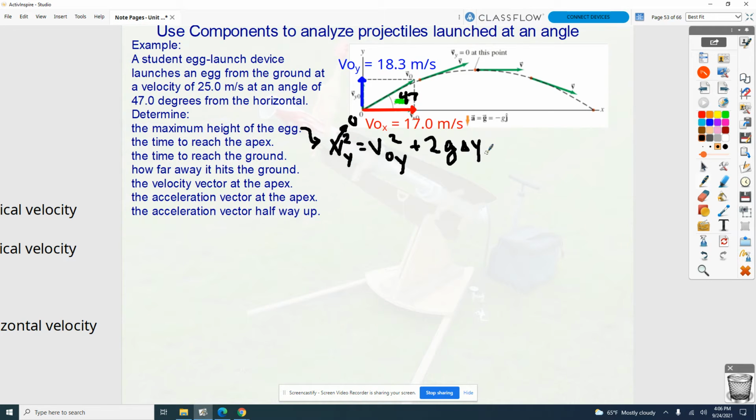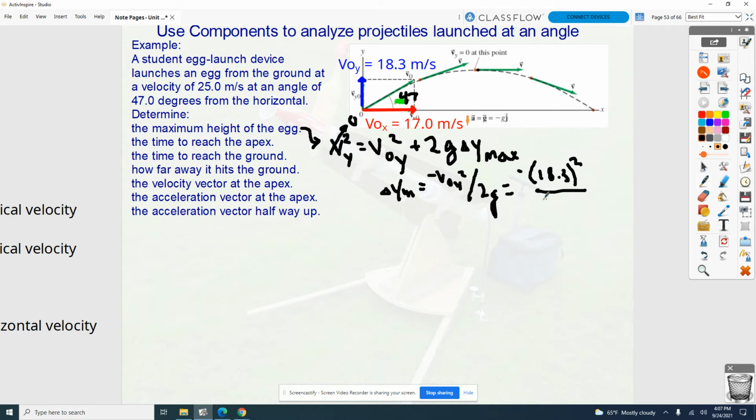All right, let's solve this for delta y max. Just a little bit of algebra, and we'll be there. So delta y max is equal to a negative v naught y squared all over 2g. Let's start plugging in some of those numbers. That's a negative of 18.3, dropping my units, please forgive.